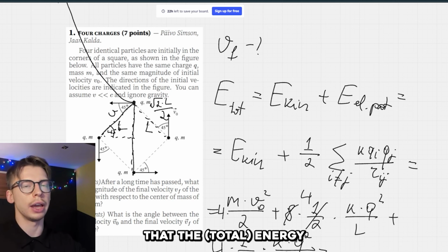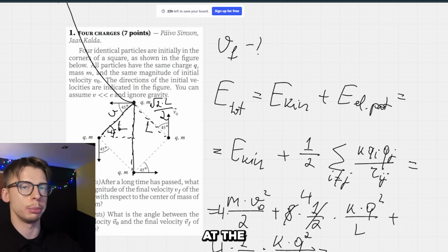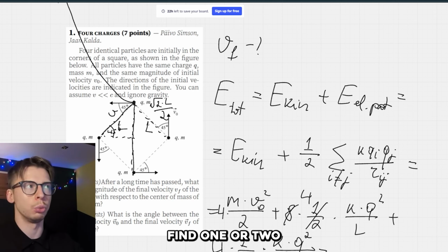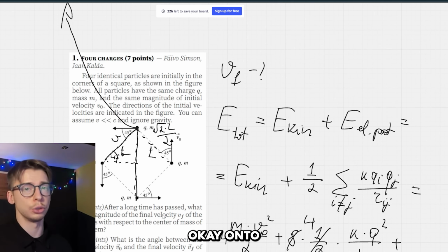This idea that the energy does not change throughout movement is very often used in physics problems. You have to get used to equating the energy at the beginning to the energy at the end. From those expressions, you can usually find 1 or 2 variables, depending on how many equations or systems of equations you have. I think this example did a pretty good job of showcasing this strategy. Okay, on to part 2.